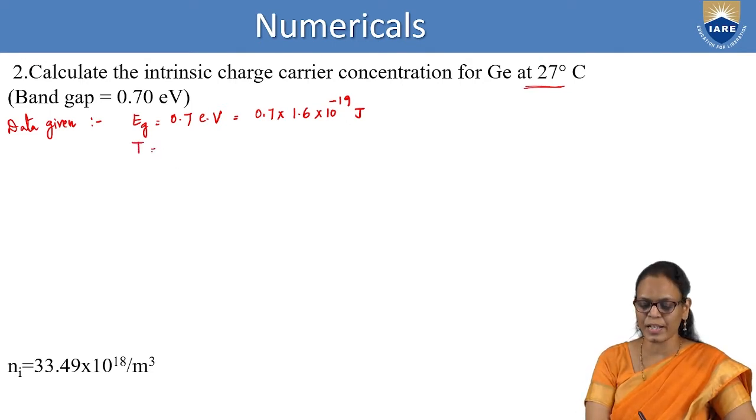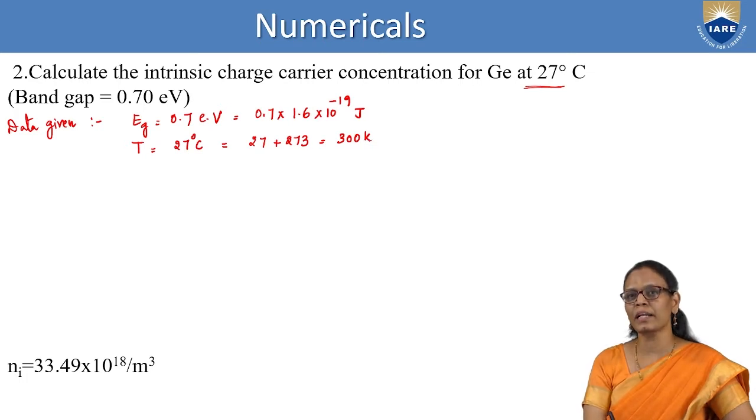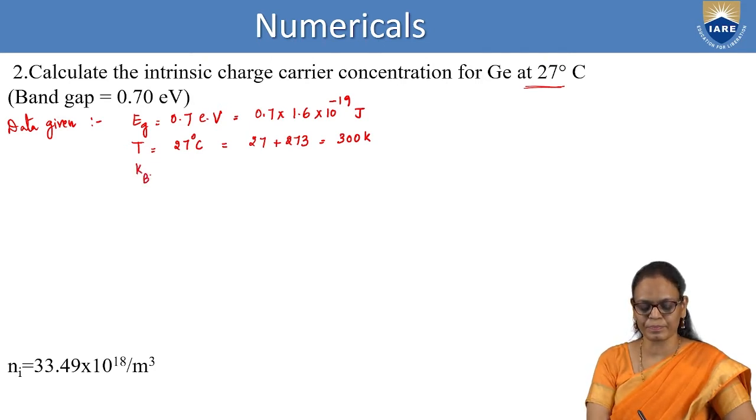The temperature T is equal to 27 degrees Celsius. So 27 we are going to convert it into Kelvin by adding 273. So this will be 300 Kelvin. So the temperature is 300 Kelvin. And of course we are going to use the constants Kb, 1.38 into 10 power minus 23 joules per Kelvin.